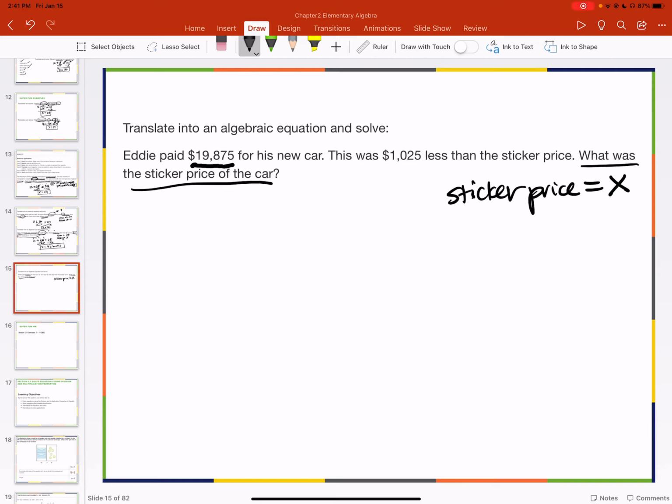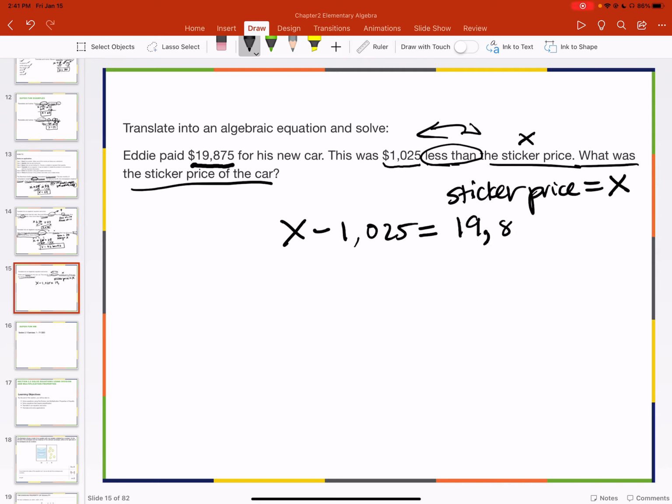Now that's going to be $1,025 less than the sticker price. So what does that mean? When you say something is $1,025 less than something else, it's a subtraction problem, right? So this means, remember the less than goes, it switches order. This sticker price we represent by X, and there's a number. So this sentence gives us the expression X minus 1,025, and that's going to be how much he paid, which is 19,875.